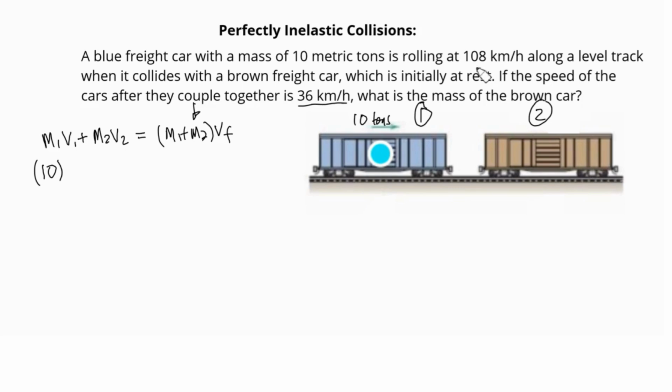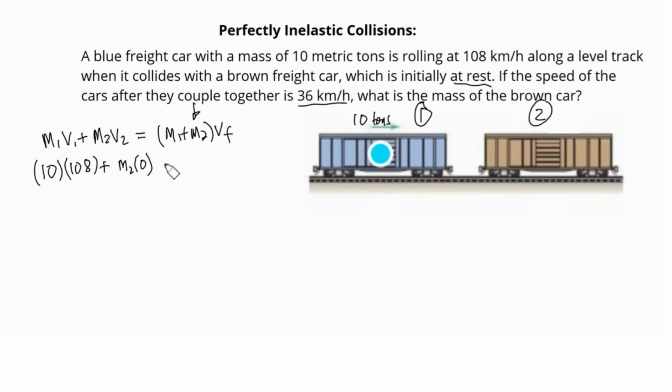Over here we have m1 is 10, and I'm not going to convert this to meters per second, because I can see that these will cancel out anyway, so I don't need to do that. The velocity here would be 108, plus m2 times 0, because it was at rest.